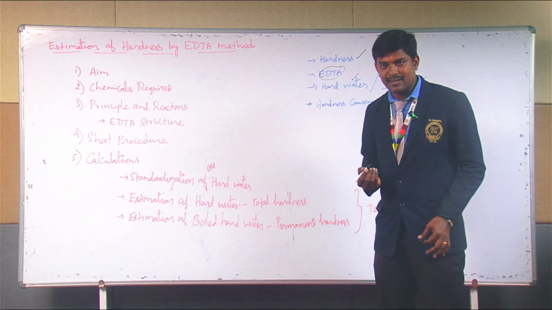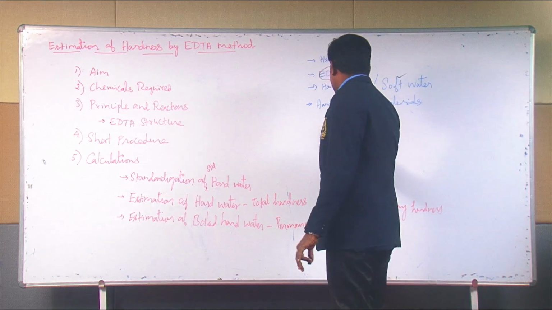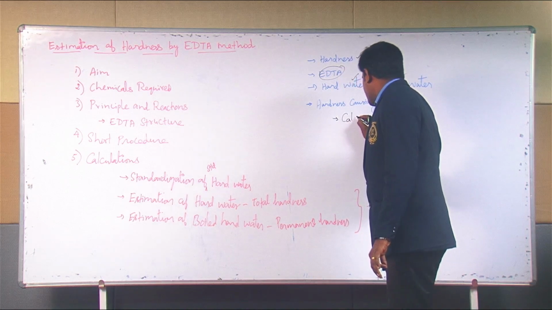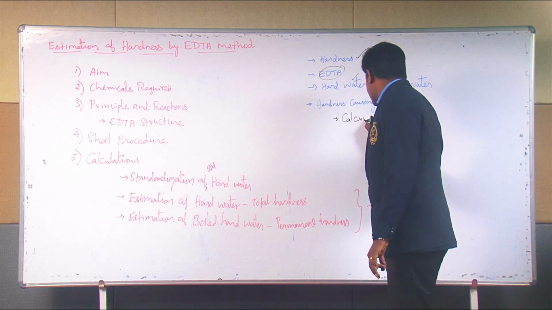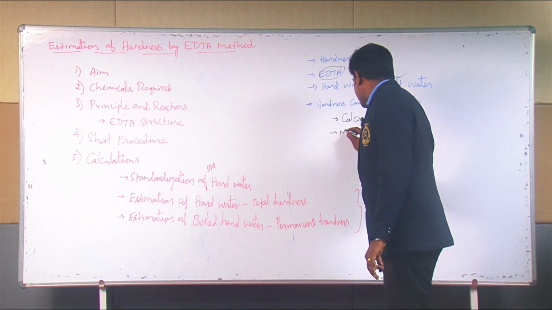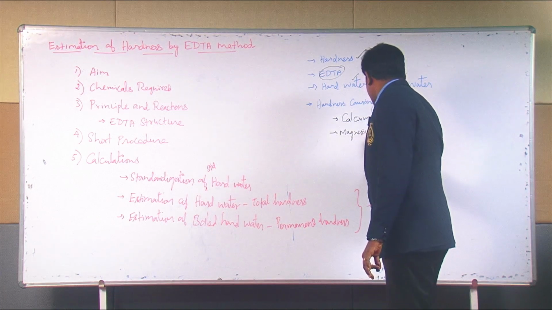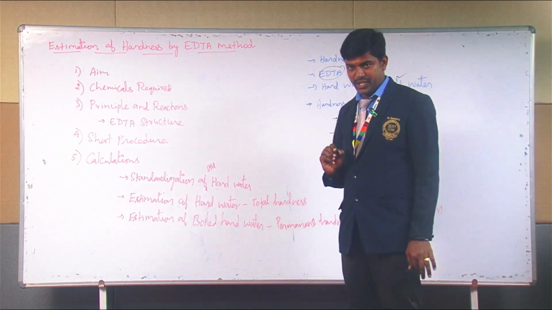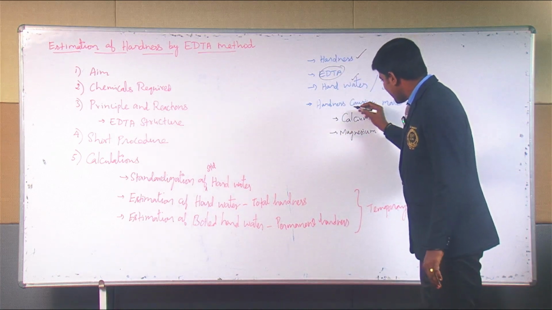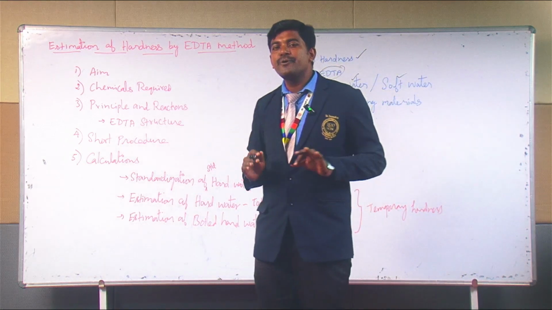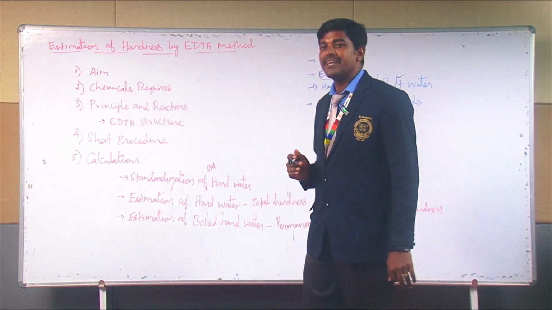What are the hardness causing constituents? The hardness causing constituents are calcium, magnesium. So, if calcium and magnesium are present in the water, it does not produce a lather with soap solution.